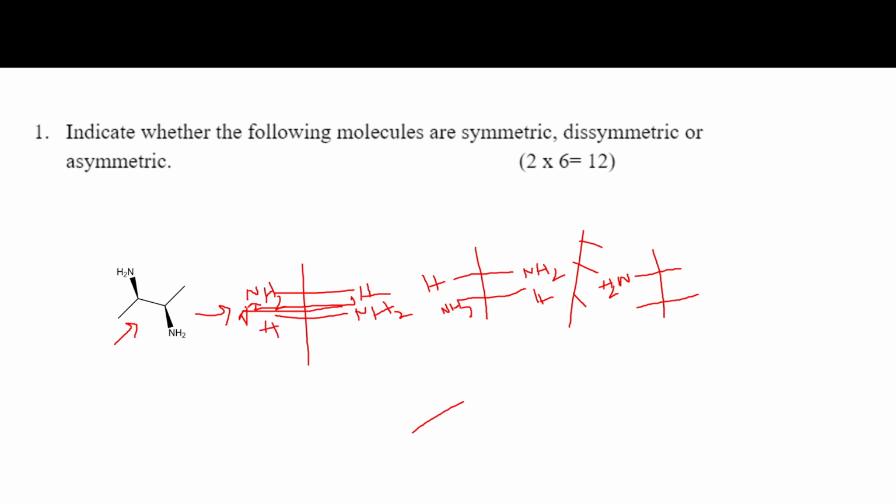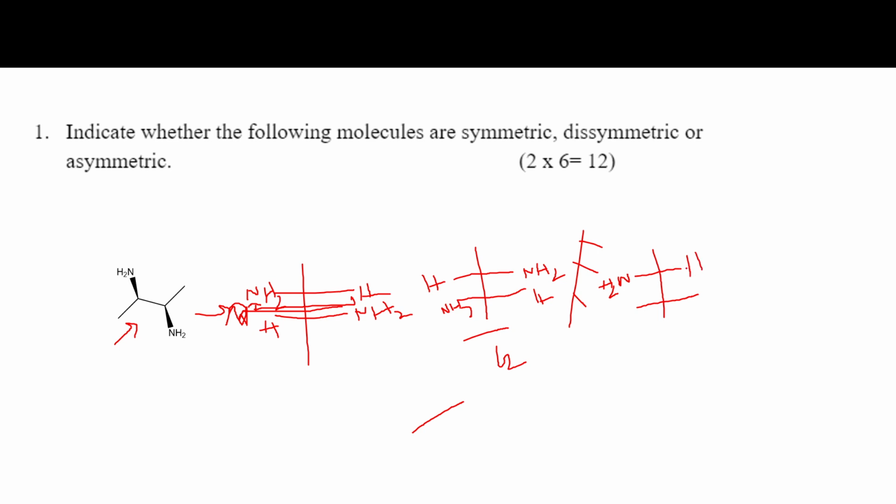So how do we rotate? We rotate this molecule 180 degrees in this direction. Then we got this after C2. Then after the mirror image, we got this molecule with the NH2 here.